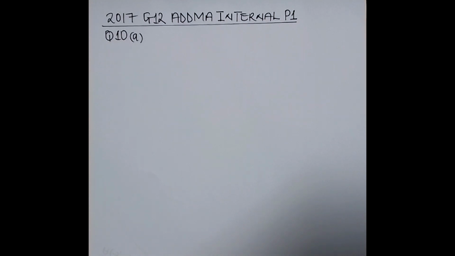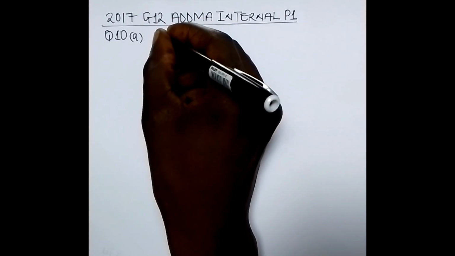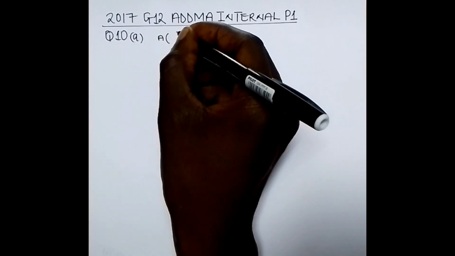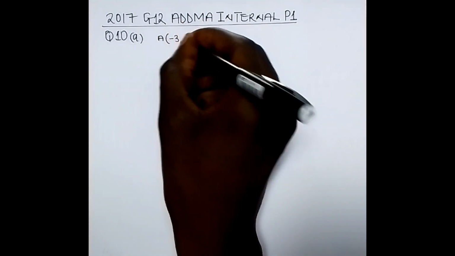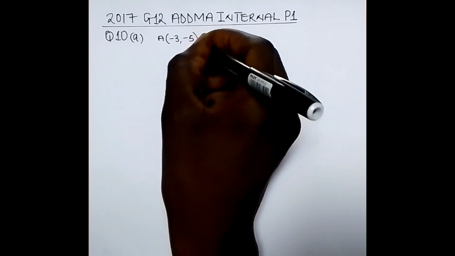Finding the vector equation of the perpendicular bisector of the line joining the points -3, -5 and 11, 9. The points in this question have not been given letters, so I'll put letters on the points given. The first one I'll call A, which is -3, -5.